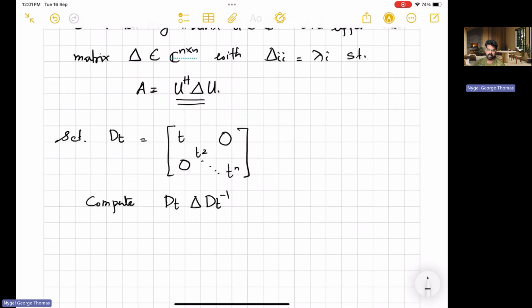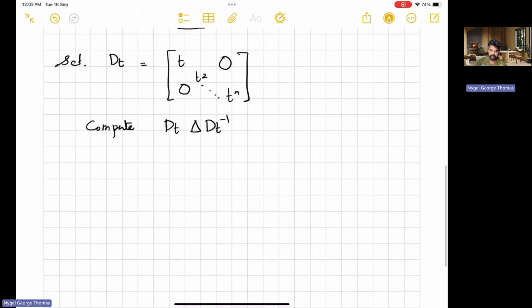So what is this triangle? This is the upper triangular matrix obtained by putting the eigenvalues of a matrix A along its diagonal entries. Before looking at the general case, let's see how the final product looks for a 3x3 case. Here we have t, t squared, t cube, the other entries being 0.